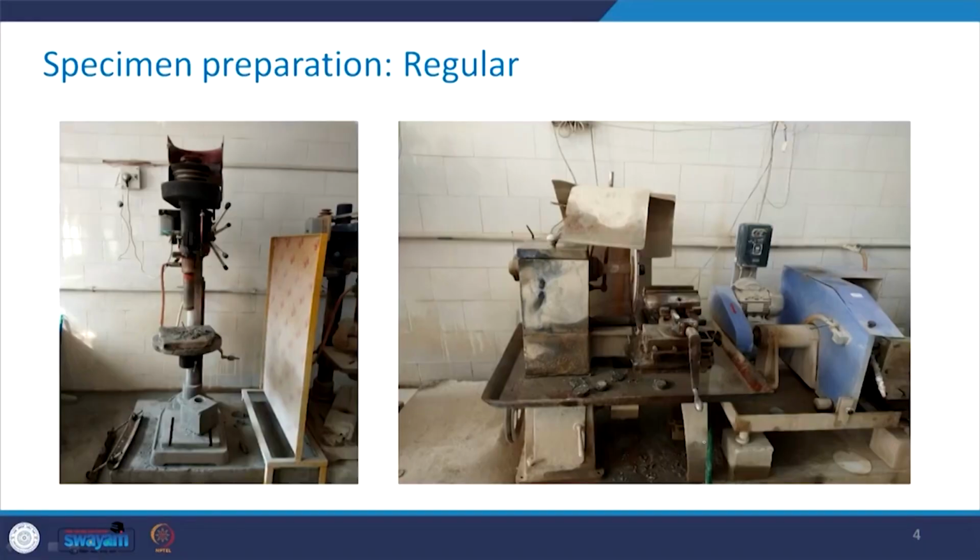Okay, see here, these are the two pictures of the machinery that we have in our lab here at IIT Roorkee. So if you just have a look here, see, this is the small block that has been cut from a large block of the rock, and then this is placed here at this platform, and then here you see that this is the drill bit.